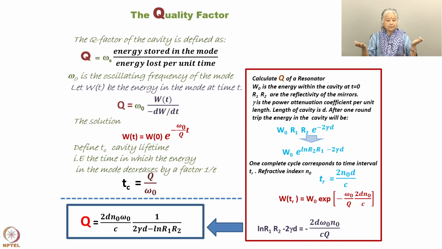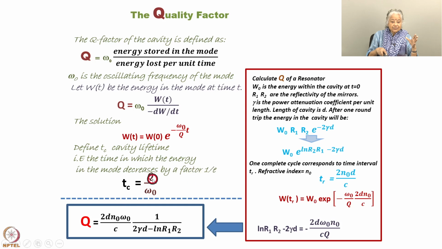After that time, there is no need to define a quality factor. Okay. So, that is why you need this parameter tau c, the cavity lifetime, the time in which the energy within the cavity reduces by this factor. Ideally, we would not want it to reduce at all, but because it is a real system, it does reduce. So, we have to quantify this reduction.